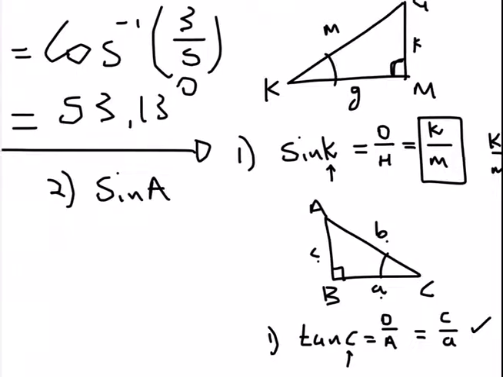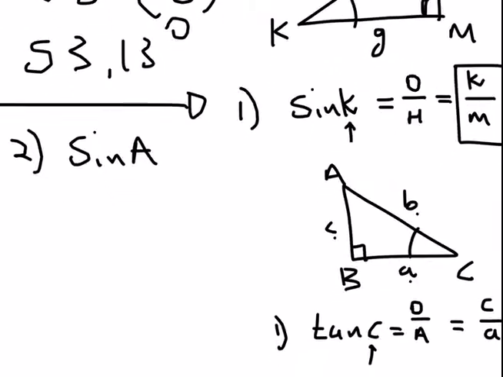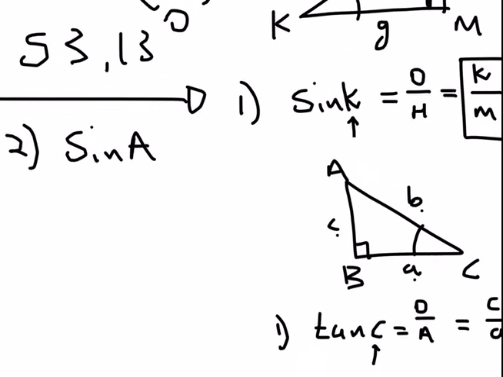So if they say sine of A, then now it means you need to erase with your pencil that part which was your reference angle, because for sine A, now the reference angle is at A. Now if the reference angle is at A, things change.